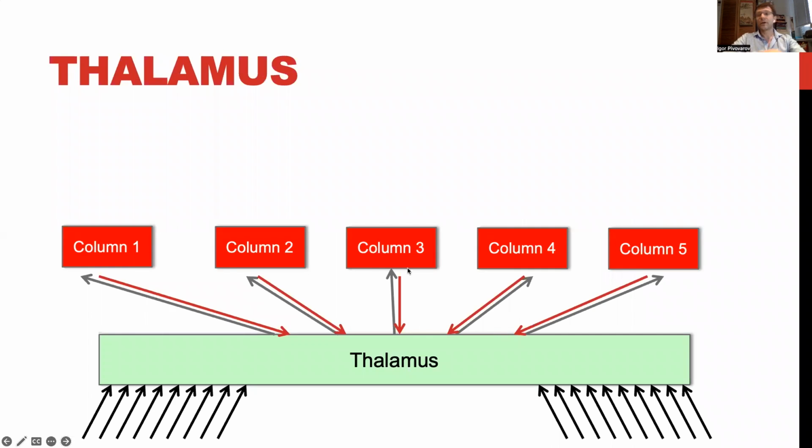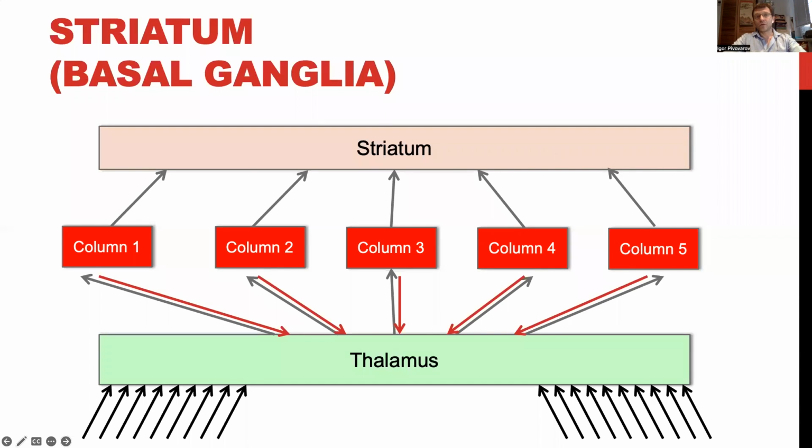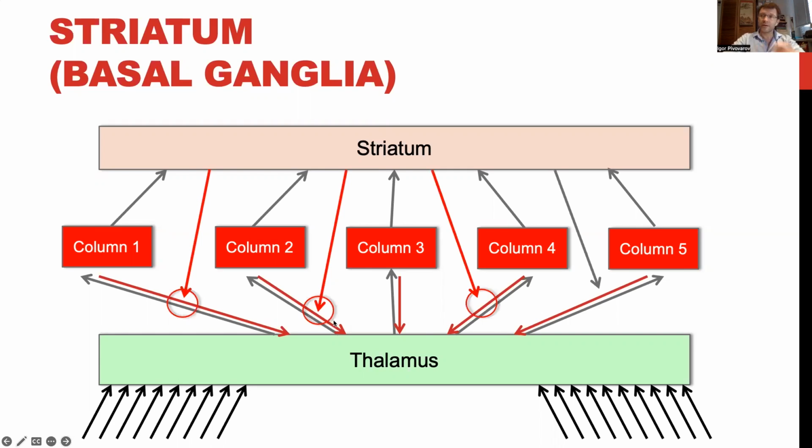Our model consists of a thalamus, which provides information for different columns, and a striatum, which regulates these columns and the connections between columns and thalamus.